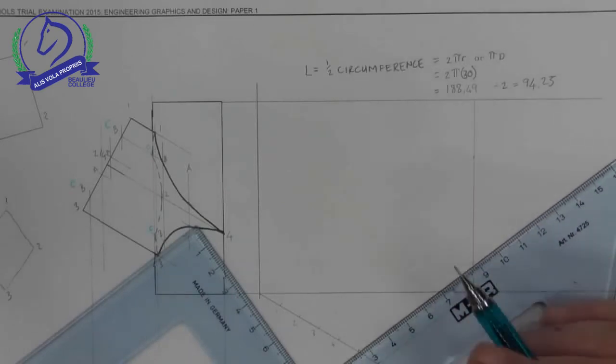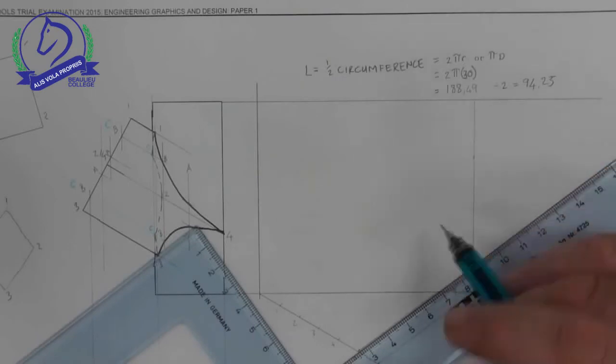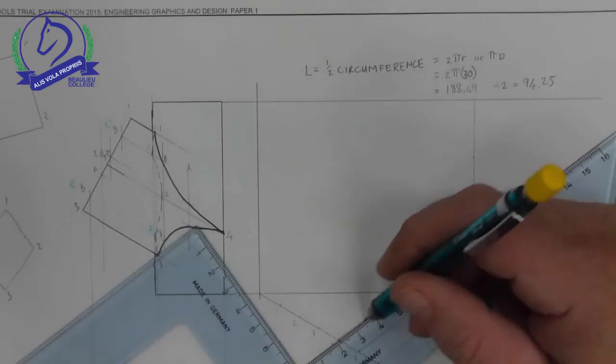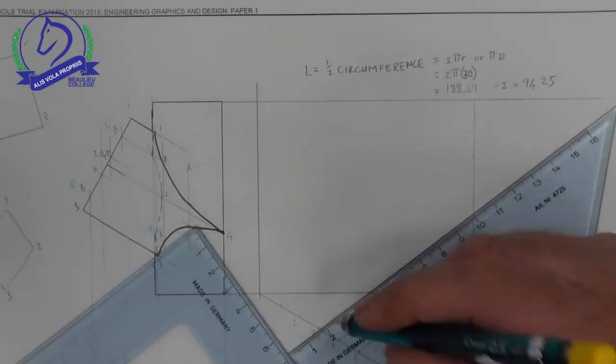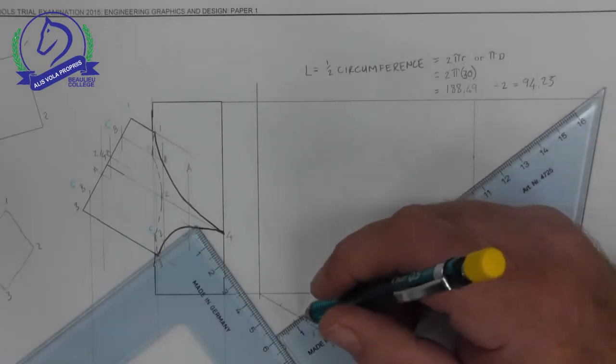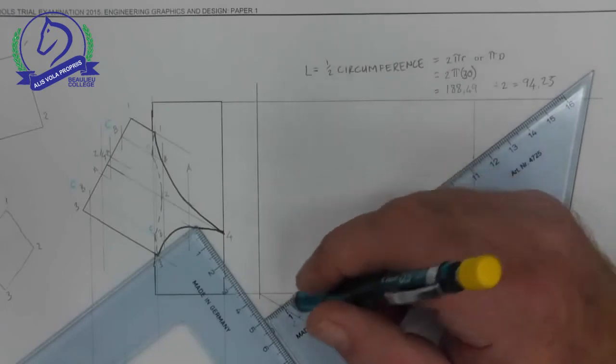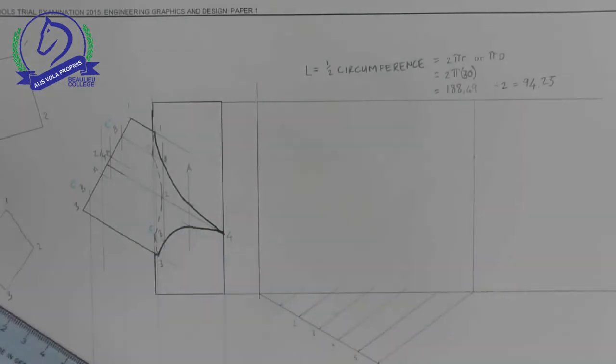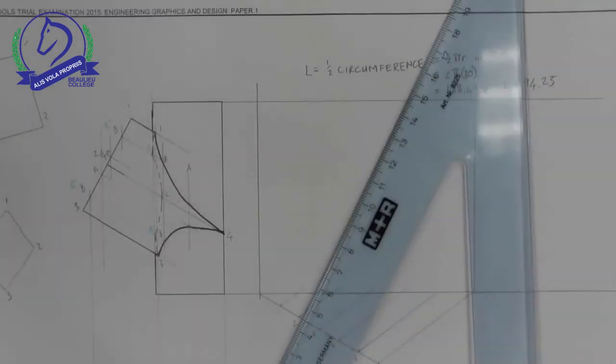And draw the remaining points parallel. And that gives us all our points, and we can then project them up vertically.